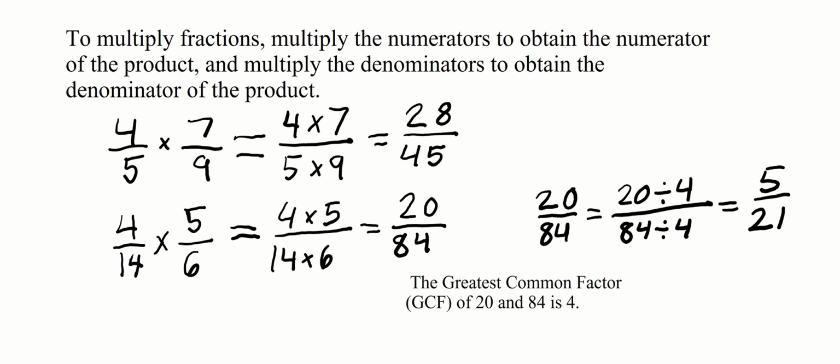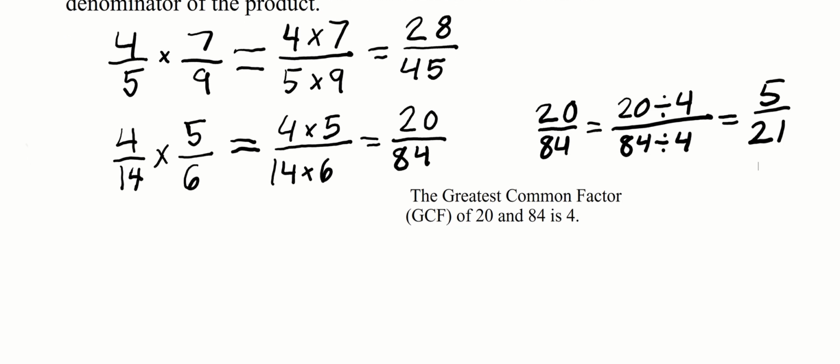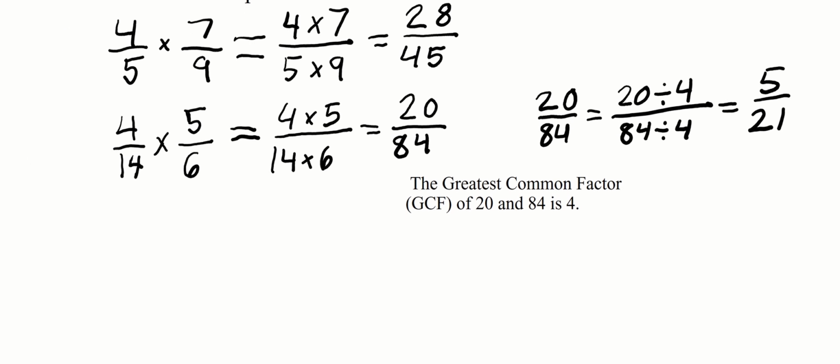If you did not know the greatest common factor of 20 and 84 was 4, you can instead note that 20 and 84 are both even, which means that they are divisible by 2.